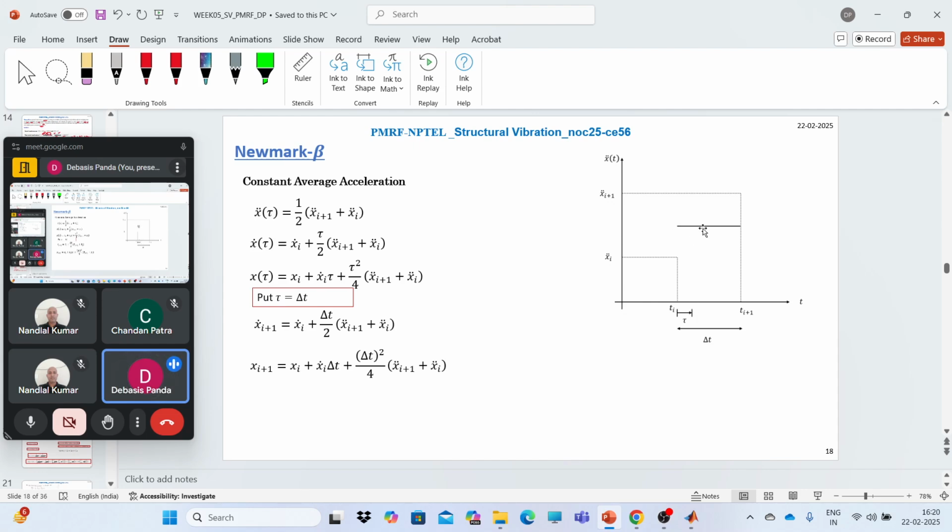What will be the average acceleration? This quantity will be nothing but half of xi plus 1 double dot plus xi double dot.